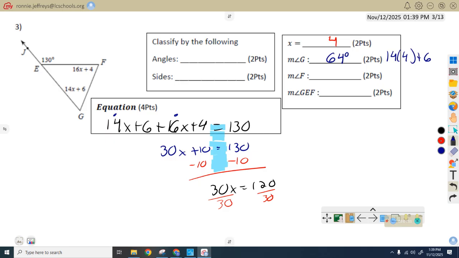Yeah. 16 times 4. That is 64, right? No, it's 62. I'm getting this confused with another one. 62 degrees. This would be 68 degrees.